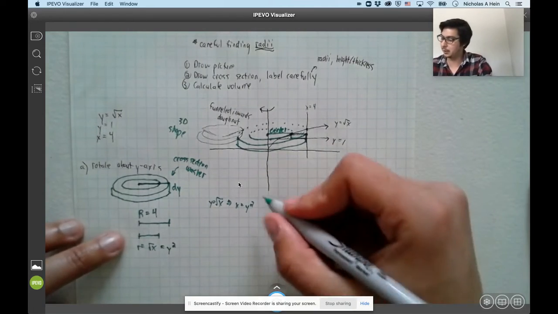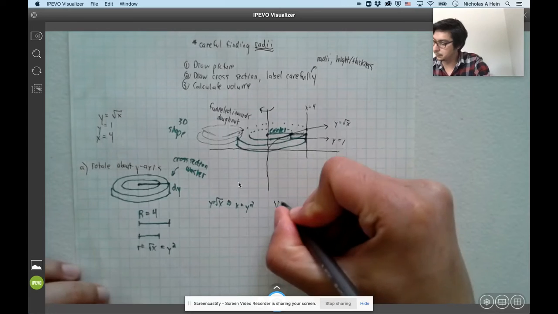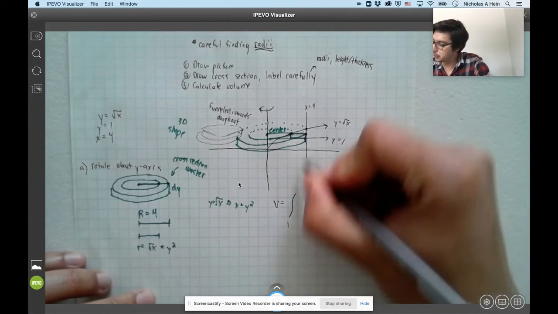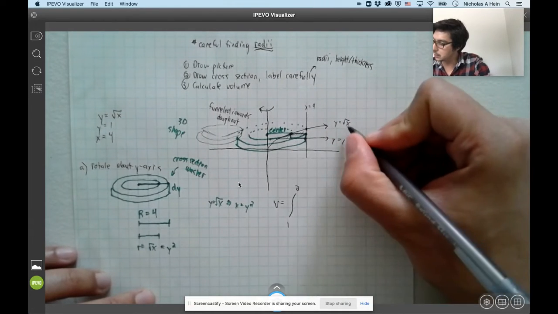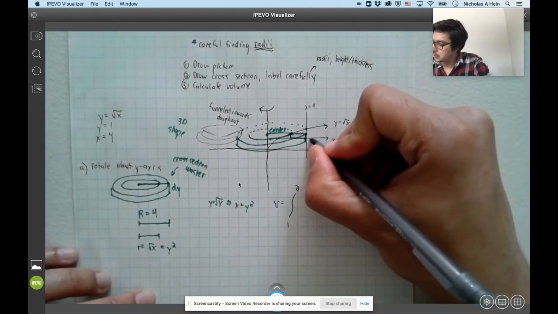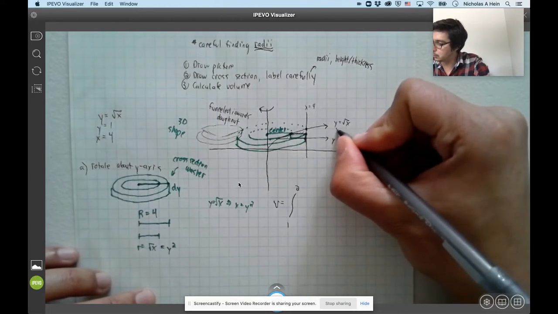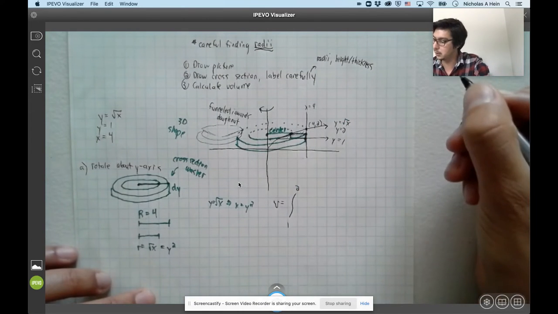Okay, so plugging it all in, we'll have volume is going to equal the integral from 1 up to 2, I think is where I did it, because at 4, this is y equals 1, and at this point we're at y equals 2 on the curve, because I did that as the point (4, 2) purposefully.